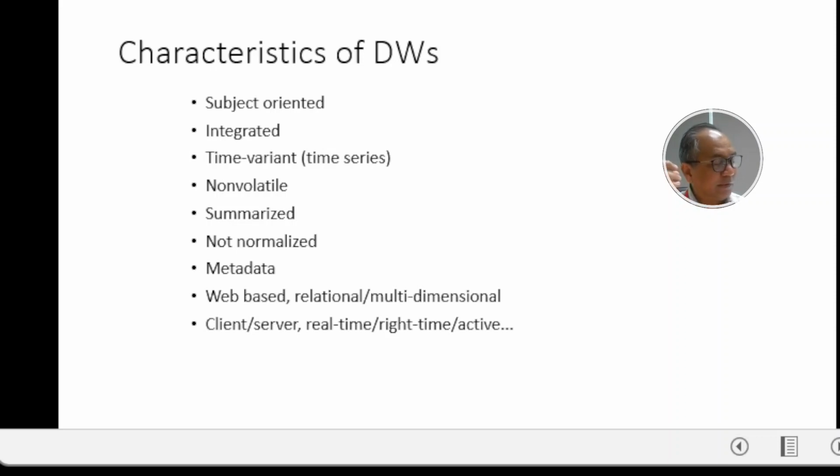With subject orientation, we will be able to provide a more comprehensive view and analysis of the organization from the perspective of the subject. And then integration is related to subject orientation. We view the subject, and then we integrate with other components.